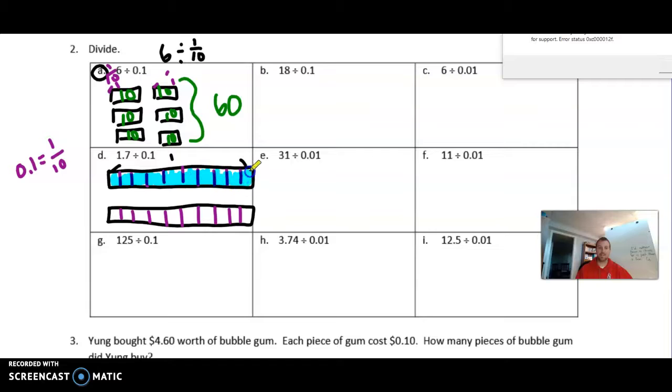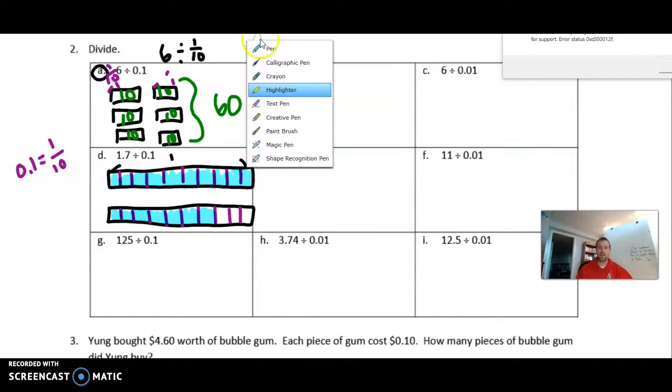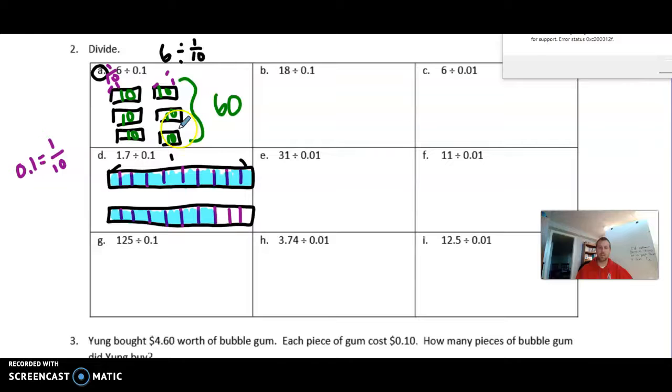And now I want 7/10. I'm going to shade in 1, 2, 3, 4, 5, 6, and 7. As I do that, I have to determine how many total pieces I have. Count them up: 1, 2, 3, 4, 5, 6, 7, 8, 9, 10, 11, 12, 13, 14, 15, 16, 17. This equals 17 total pieces, or 17/10.